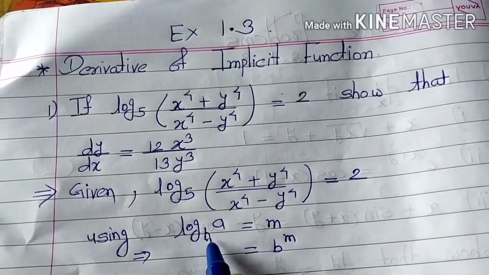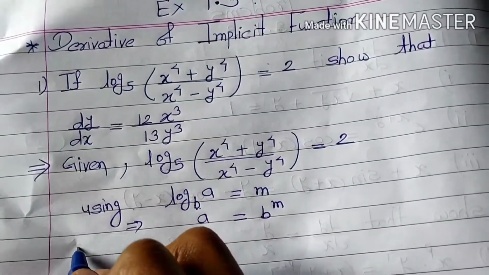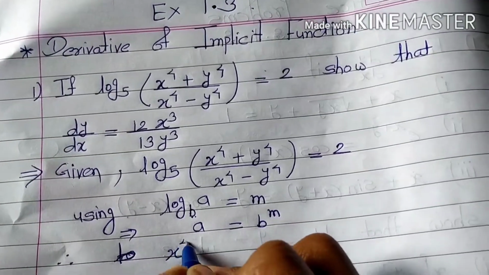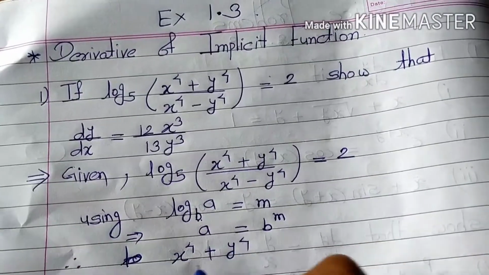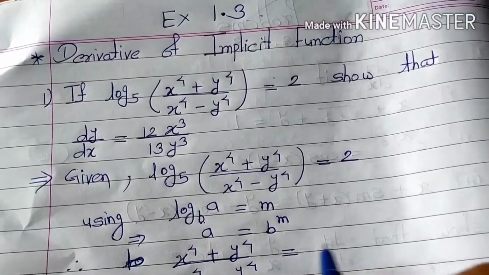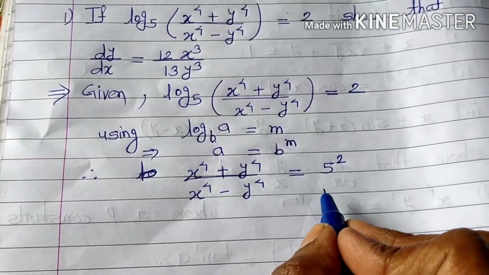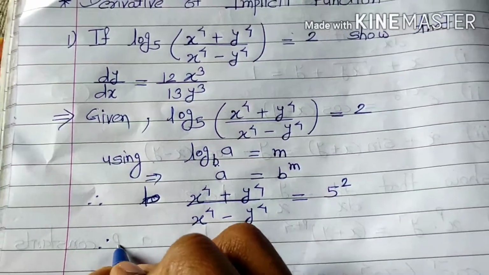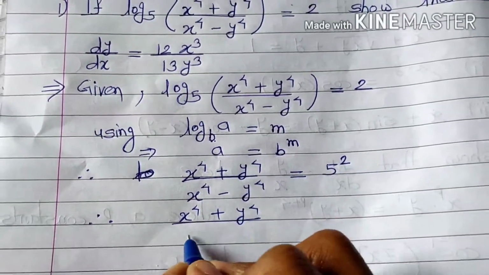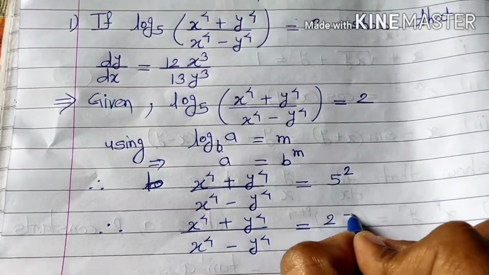So using this, our given expression is x raised to 4 plus y raised to 4 upon x raised to 4 minus y raised to 4 is equal to 5 raised to 2. Now here 5 square is 25, so x raised to 4 plus y raised to 4 upon x raised to 4 minus y raised to 4 is equal to 25.